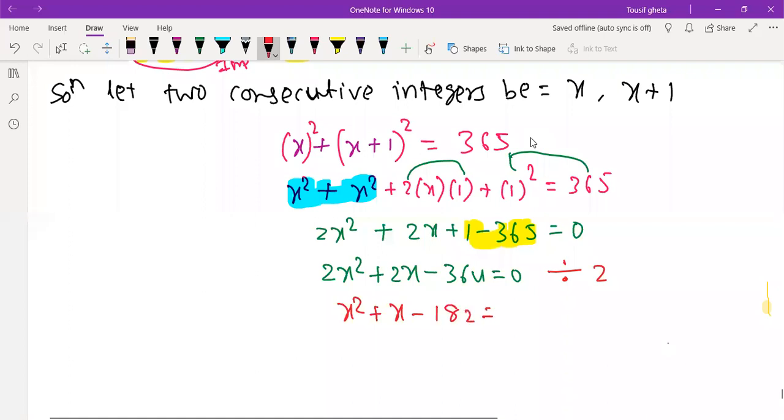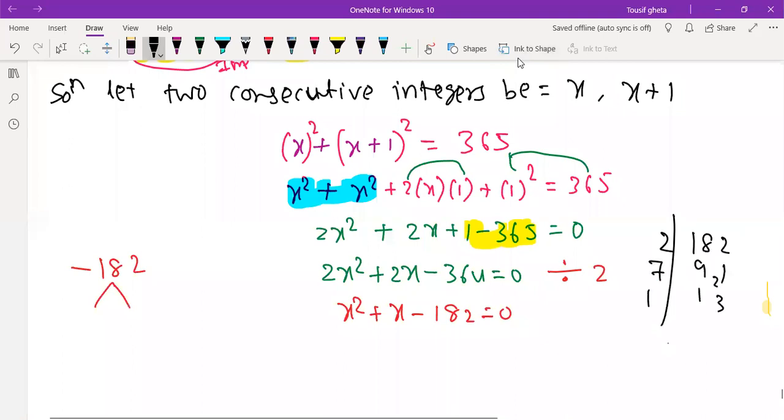Now you can do it. We have minus 182, so we take its factors. Let us take 182: 2 nines are 18, 2 ones are 2. The same as the previous one, I think. Yes, same: 14 and 13. 14 times 13 is 182.